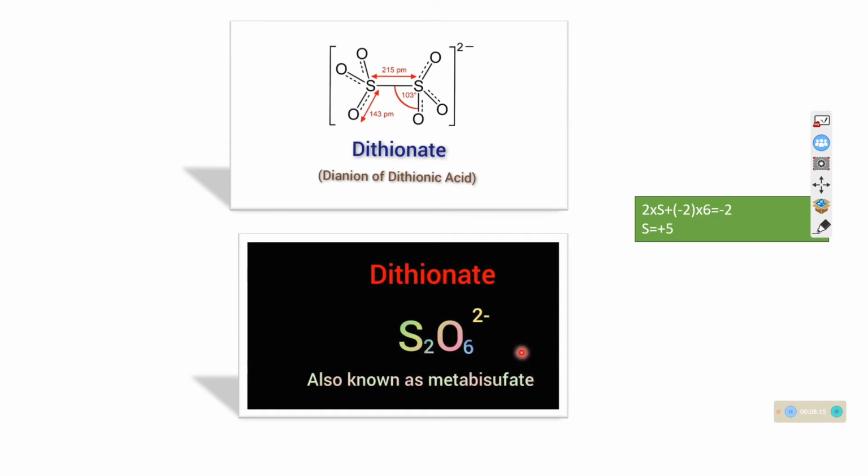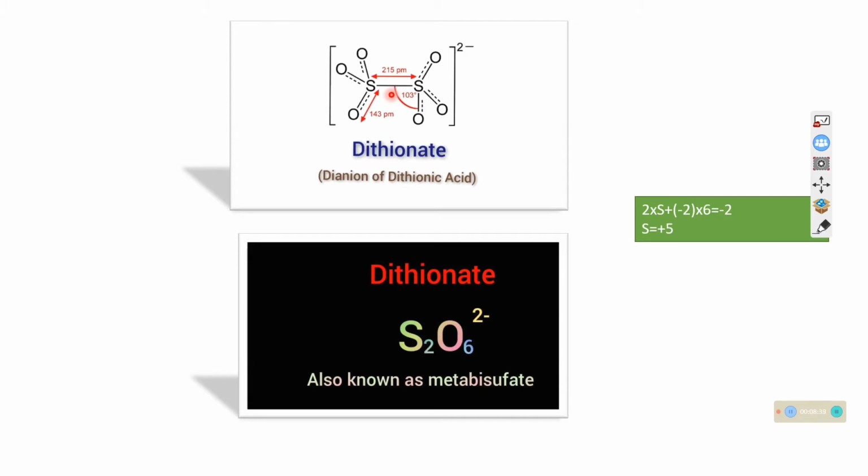The structural properties are the same as in the case of dithionic acid. Each sulfur atom is in the +5 oxidation state. There is a single S-S bond, and there is no lone pair of electrons on the sulfur atom.